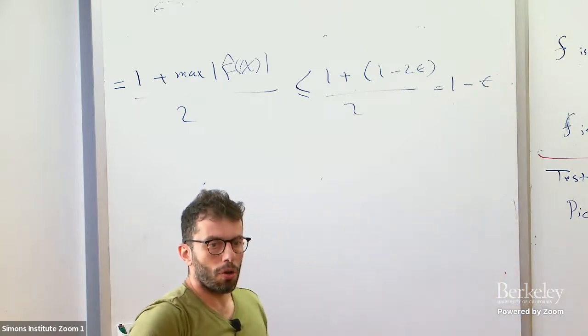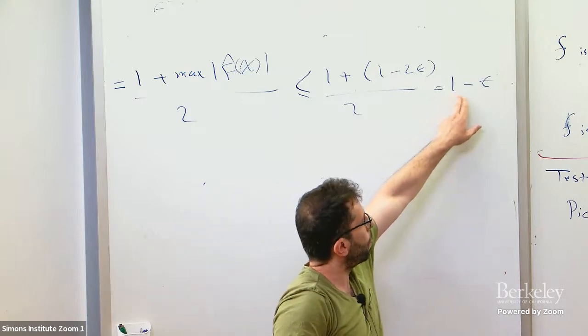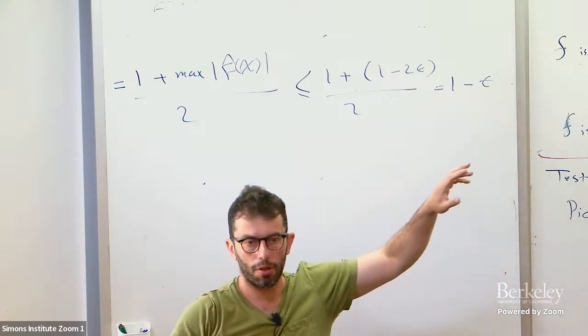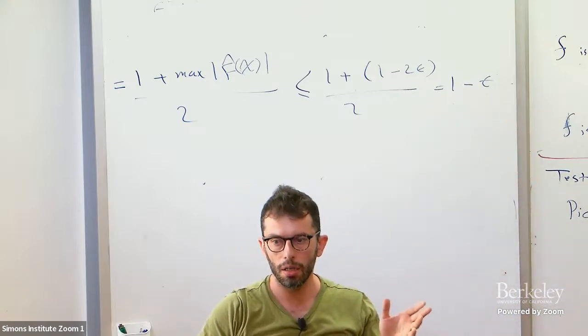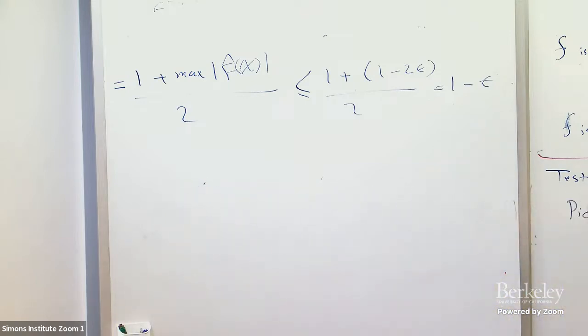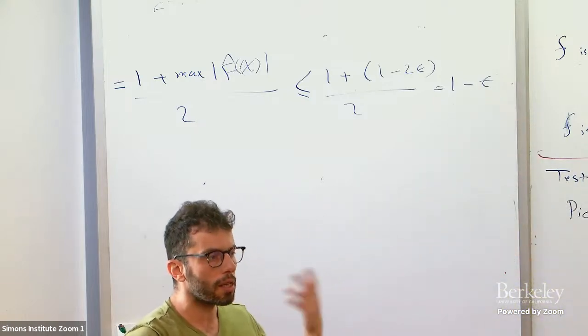So if your function is far from being linear, the probability that we accept is at most 1 minus epsilon. It can't be too close to 1. So there were two cases. In case 1, we won't make a mistake: if it's actually linear, we accept it. In case 2, if it's far from linear, the probability that we make a mistake is also bounded away from 1. And because it's one-sided, you can repeat this.